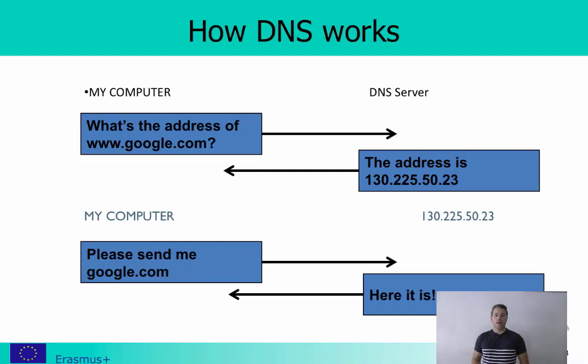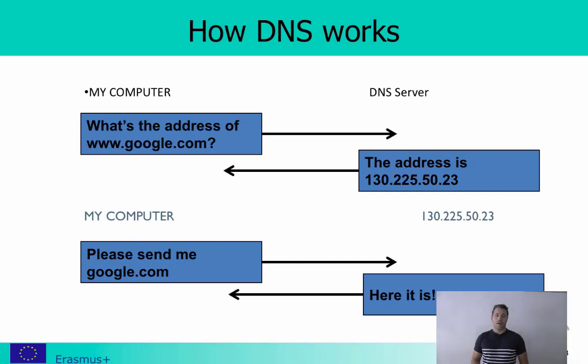It works the following way, and I made the figure myself. When you write google.com on your computer, first of all you send a request to a DNS server asking what is the IP address of google.com, and you get a reply back in terms of an IP address.